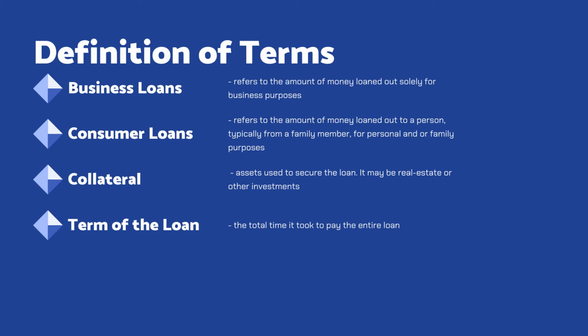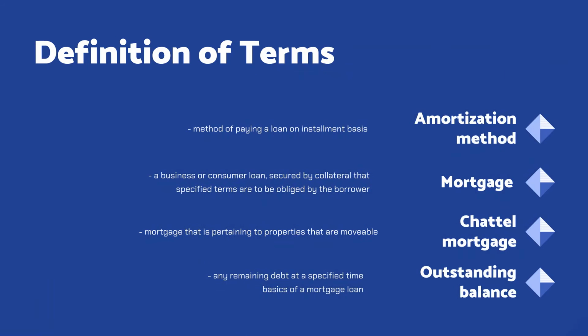Next, we have term of the loan. This means the total time it takes to pay the entire loan. Next, we have amortization method. It is a method of paying a loan on an installment basis. We have mortgage.